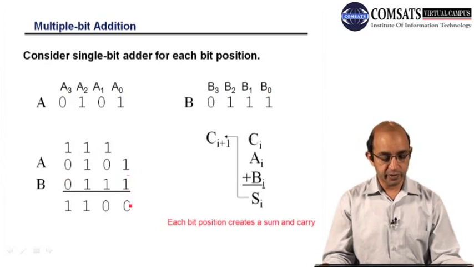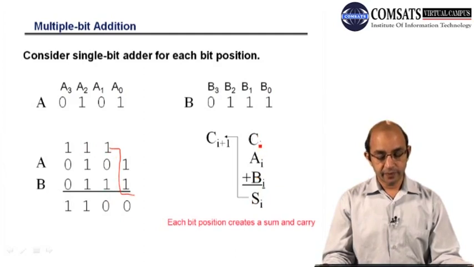So 1 1 0 1, carry 1, 1 1 0 plus 1 1 1, carry 1 here. So you can see that the carry is moving like this. Here we have a carry in, and then we have a carry out. So Ci is the carry in, Ci plus 1 is the carry out. So these are the corresponding bits.